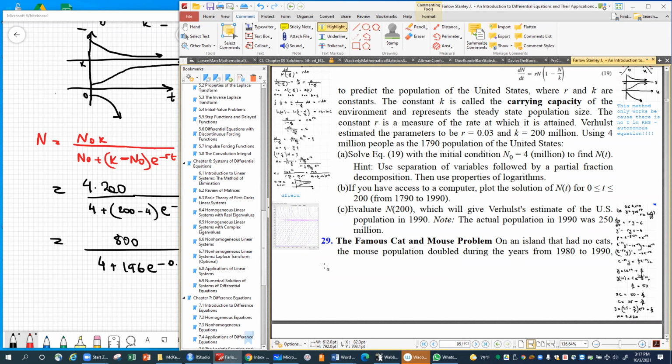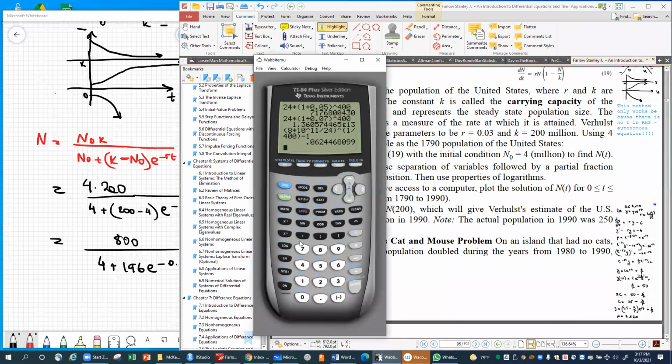Right, so let's plug in. So 800 over parenthesis 4 plus 196 times exponent minus, well, you have to be careful.